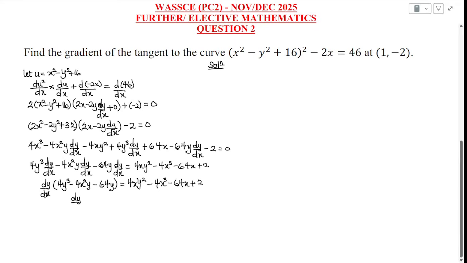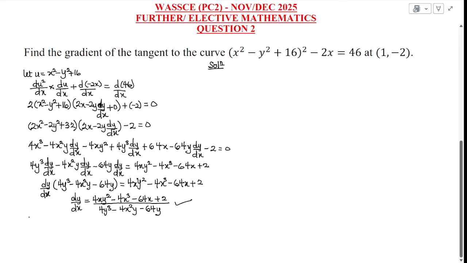Dividing both sides by the coefficient of dy/dx, this becomes 4xy² − 4x³ − 64x + 2, all divided by 4y³ − 4x²y − 64y. So this becomes the first part of the solution, okay?